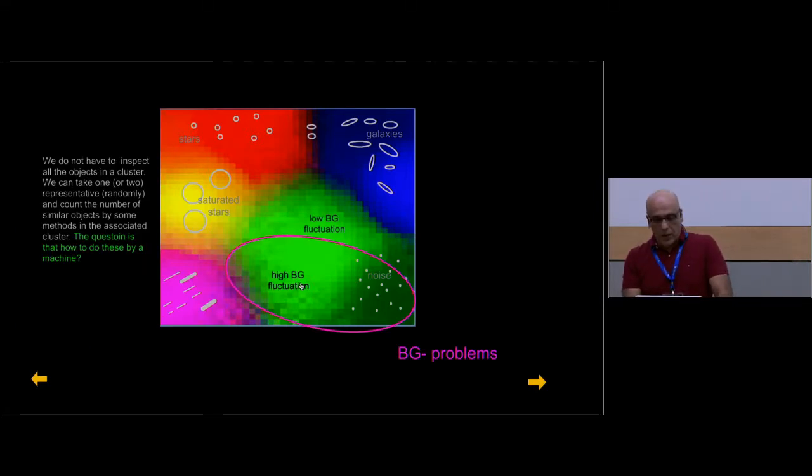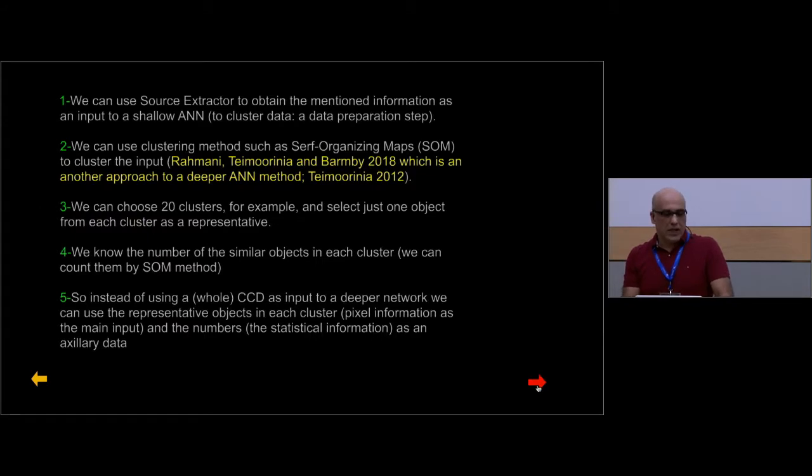We want to use this method to train a machine. We can select the objects with Source Extractor. We can find the ellipticity, the shape, whether it is big or small. We can use a self-organizing map to cluster the input. I have introduced two papers in this respect.